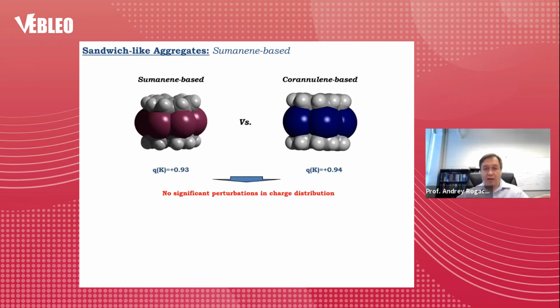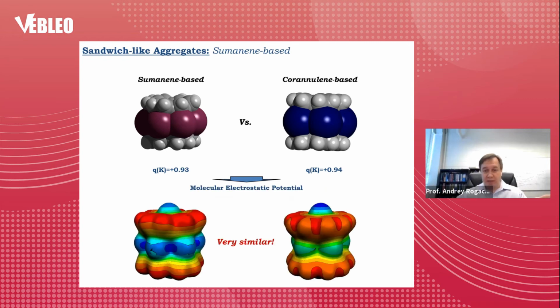We analyzed the electronic structure of these systems before we asked our collaborators to test our ideas. We found no significant changes in charge distribution between corannulene- and sumanene-based supramolecular aggregates. The same we can say about the three-dimensional charge distribution exemplified by the molecular electrostatic potential in this picture.